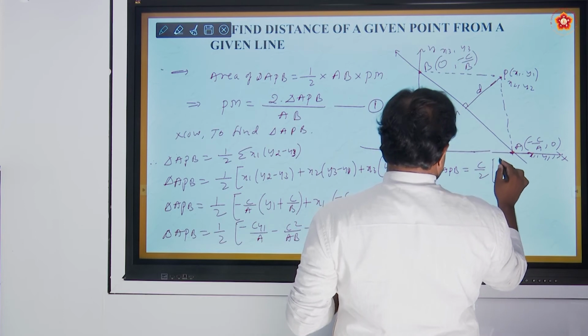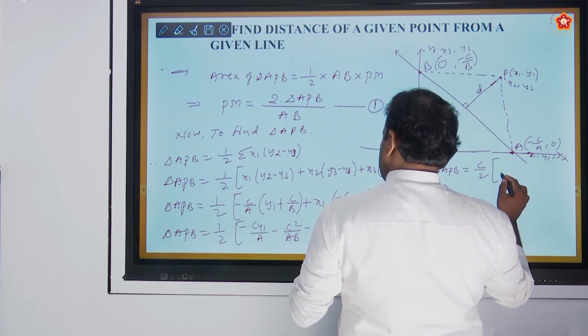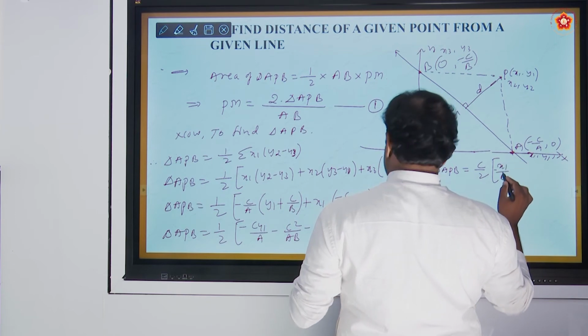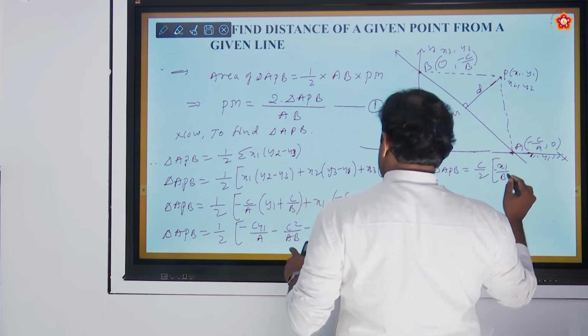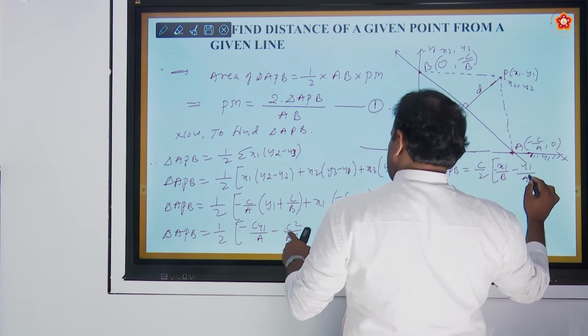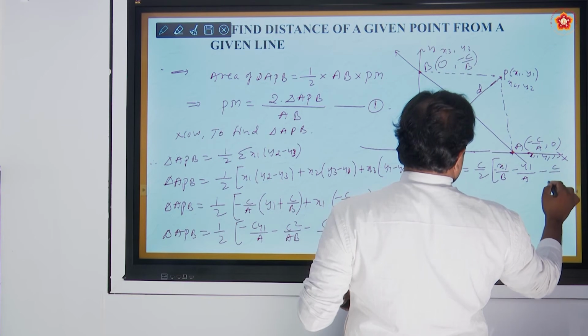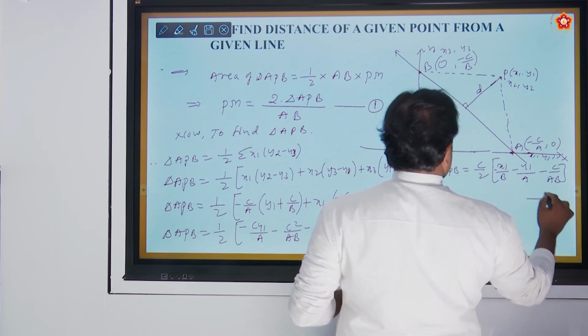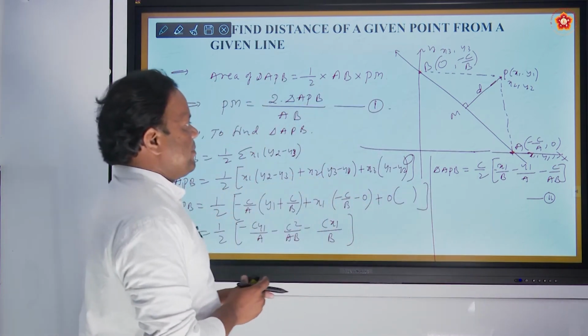If taking c common, what is remaining in the bracket? You write first x1 by b minus x1 by b is remaining here. Taking c common, minus y1 by a is remaining here. Taking c common, minus c by ab is remaining here. Correct. I call this equation number 2. Keep it as it is. This is the area of triangle APB.